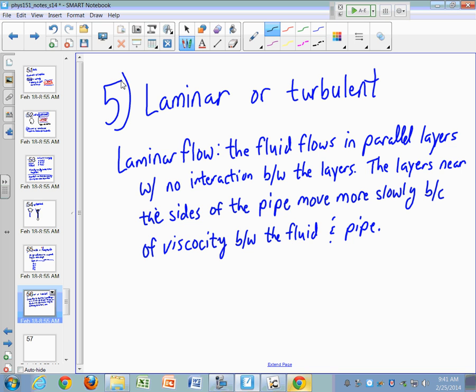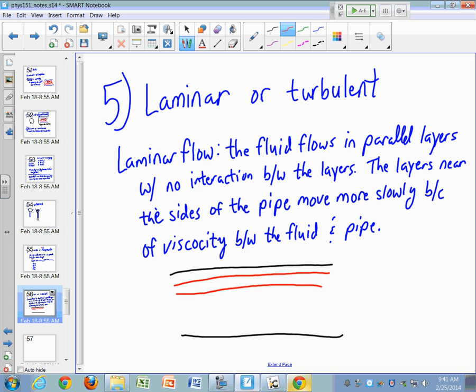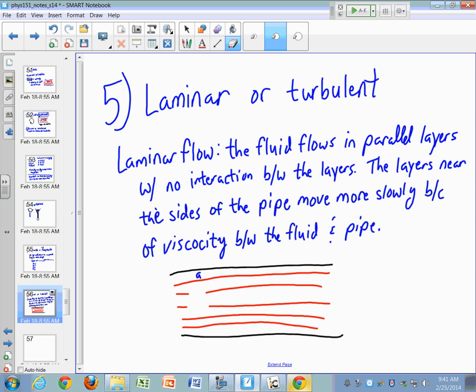So if I were to draw a picture of this, I have this pipe. It's stratified into different layers. So I have layers of fluid flow all the way through here. And if I were to break these up, let's say A, B, and C, where is the fluid going to travel the fastest?